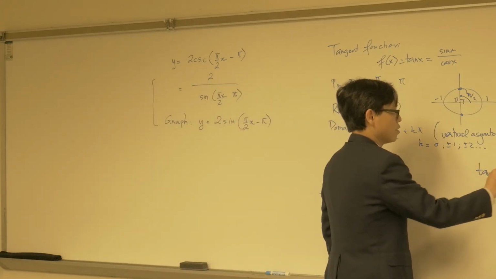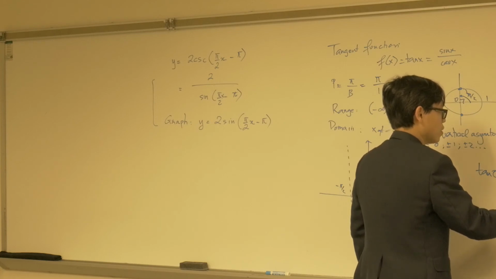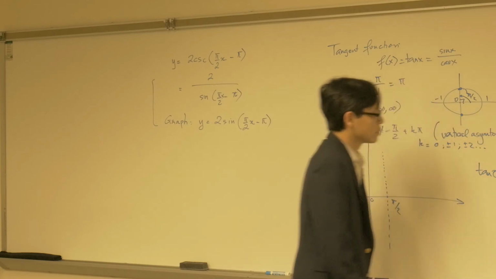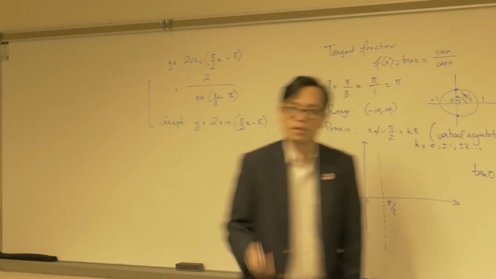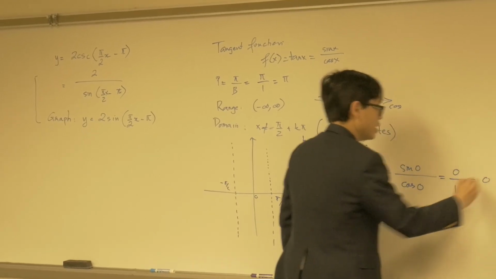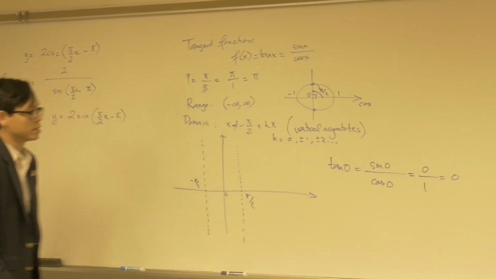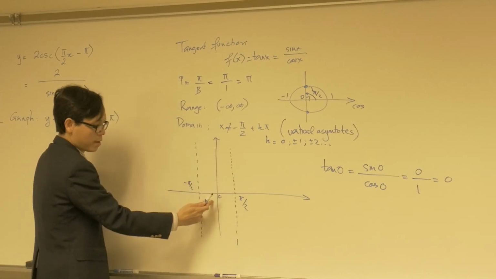Sine of 0 gives you what? Remember? 0. And how about cosine of 0? 1. So that's why tangent of 0 is 0, and it goes through the origin here.